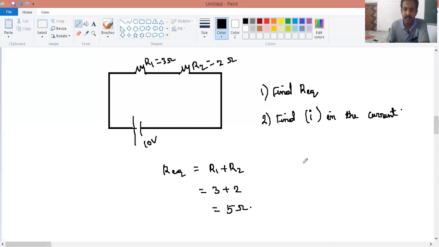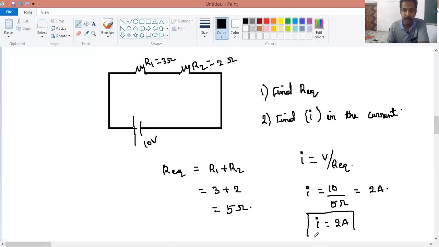Then I is equal to V by R equivalent. V is 10 volt by 5 ohm, so it is 2 amperes of current. So I is equal to 2 amperes. The answer to the first question, R equivalent, is 5 ohm, and I is 2 amperes. So this is all about the question.